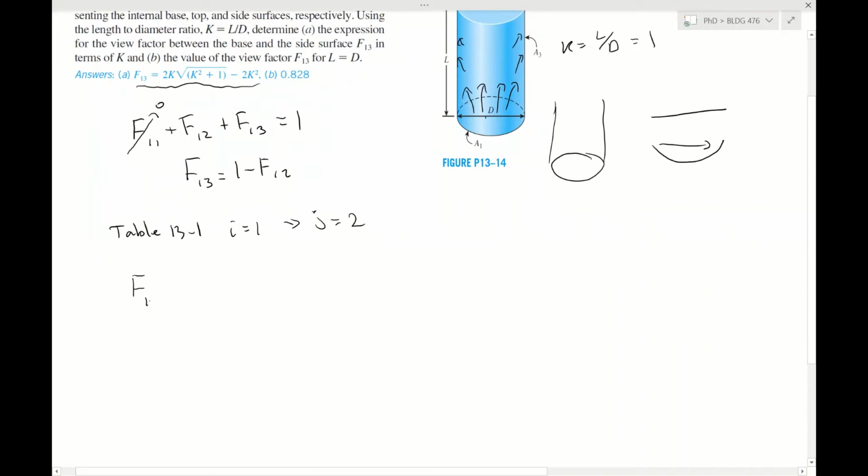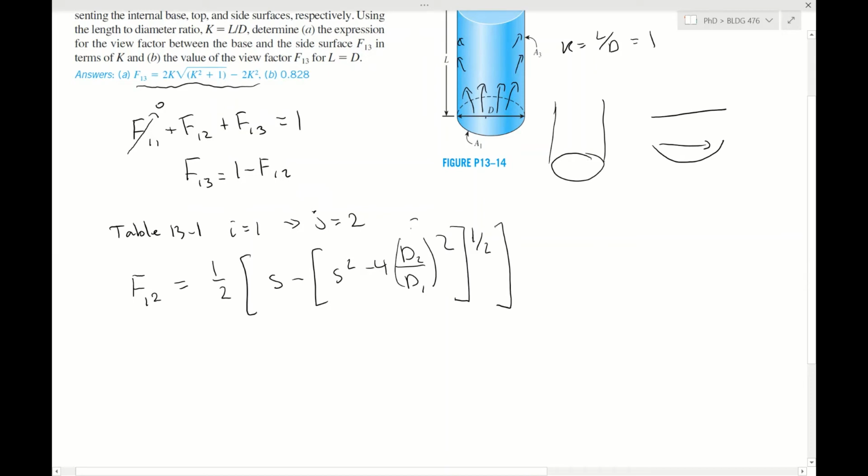So we plug in the long equation in the table, and we get a half S minus the square root of S squared minus 4 times D2 over D1, all squared, and that's it.